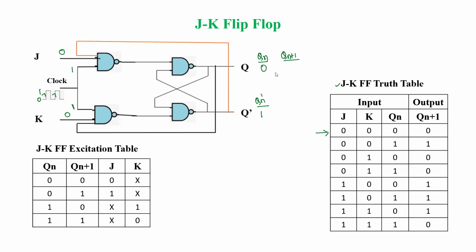Now if you see in the case of the JK flip-flop, NAND gate 1 is connected to Q dash and NAND gate 2 is connected to Q. Since Qn is 0, the input to NAND gate 2 is 0, and Q dash is 1, so the input to NAND gate 1 is 1.